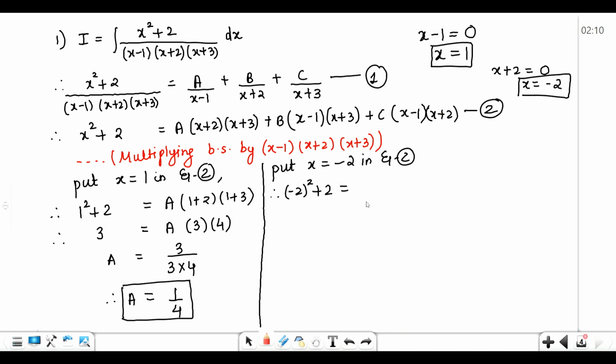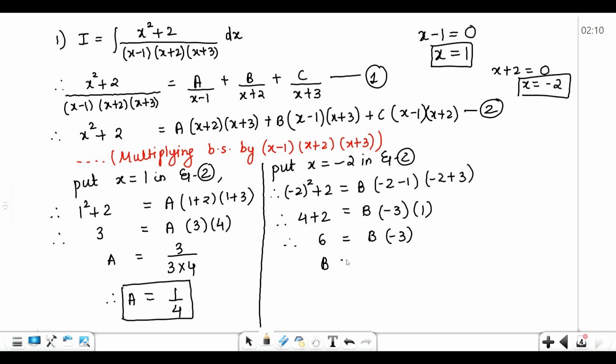So that will be equal to b times minus 2 minus 1 and minus 2 plus 3. This will be equal to minus 3 and this is 1 and this is 4 plus 2. This will be 6 is equal to b times minus 3. So b is equal to 6 upon minus 3, which is minus 2. So we got the value of b, which is minus 2.